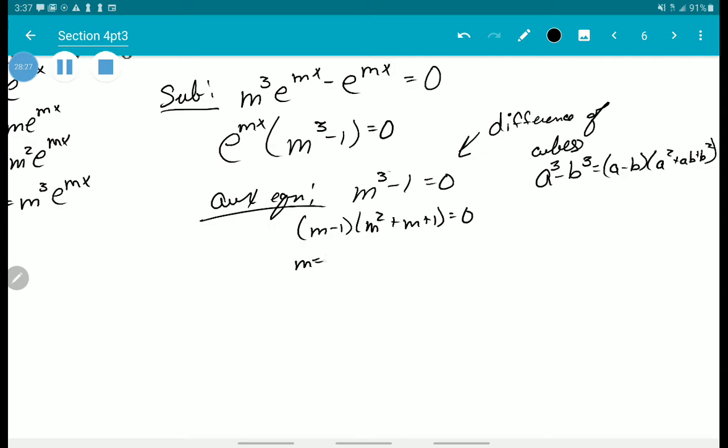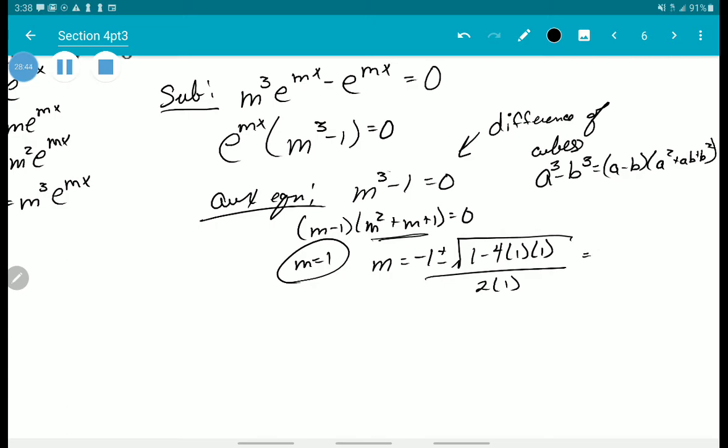So we know 1 is going to be a root. To solve this one, we're going to use that quadratic equation: negative b plus or minus square root of b squared minus 4ac all over 2a. So we're going to get negative 1 plus or minus the square root of negative 3 over 2, which is negative 1 plus or minus i square root of 3 over 2.